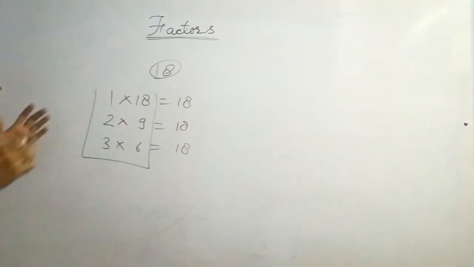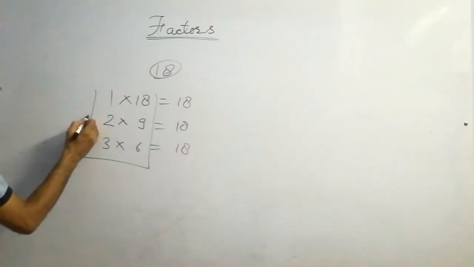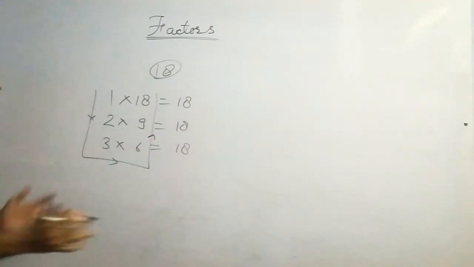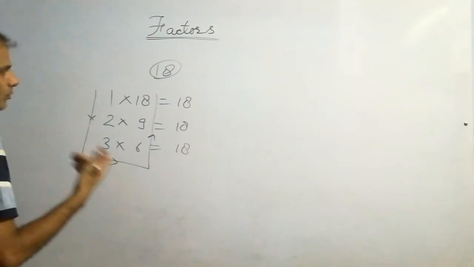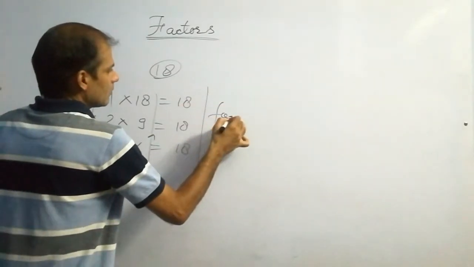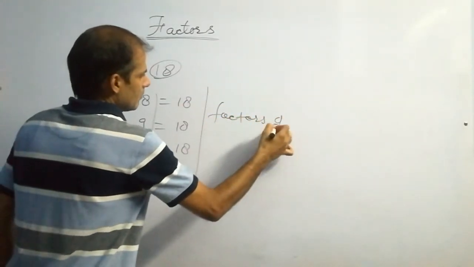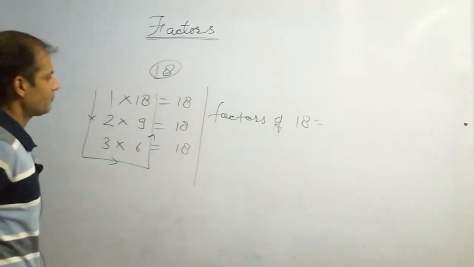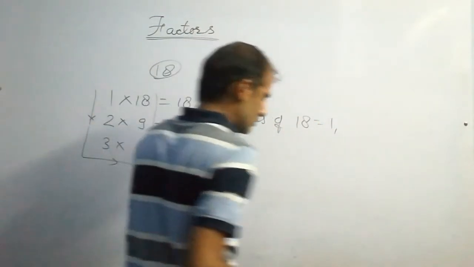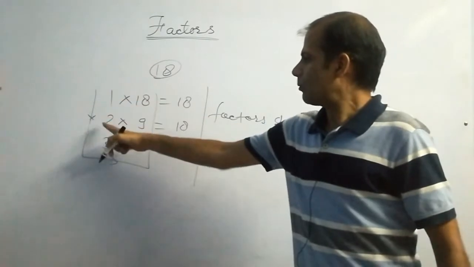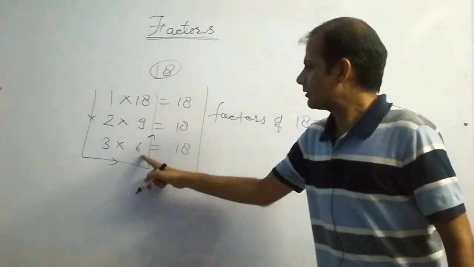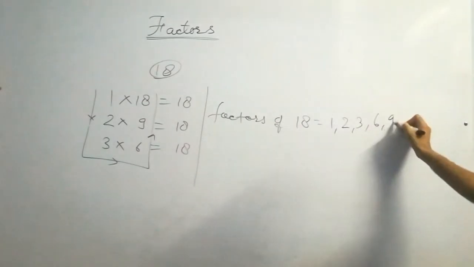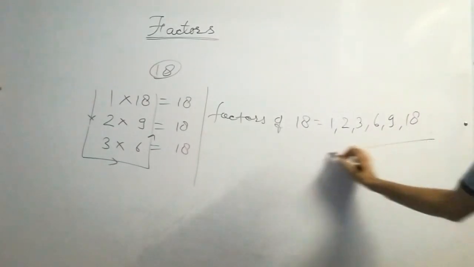Okay, think that all the numbers are kept in a glass. ओके, जैसे ये कोई ग्लास है ना, इस ग्लास में हमने सारे नंबर्स जो हैं वो डाल दिए हैं, फिक्स कर दिए हैं. So you will write your answer. Factors of 18: 1, 2, 3, then 6, 9 and 18.